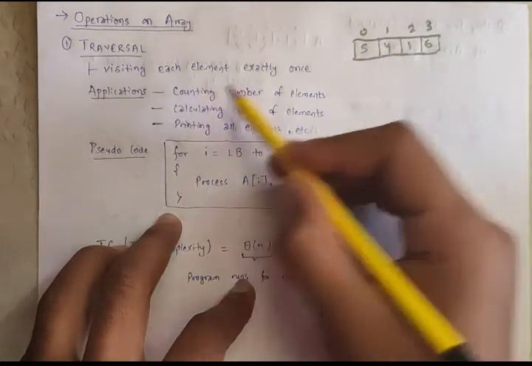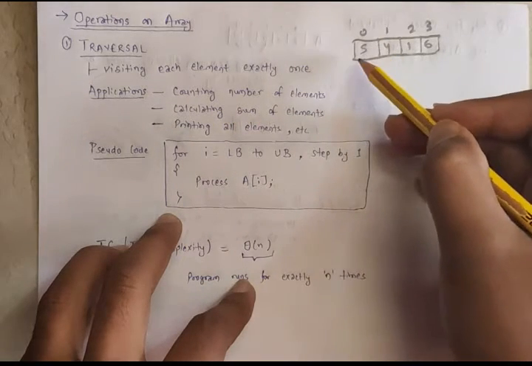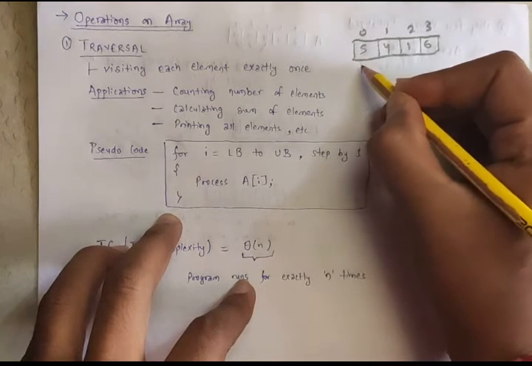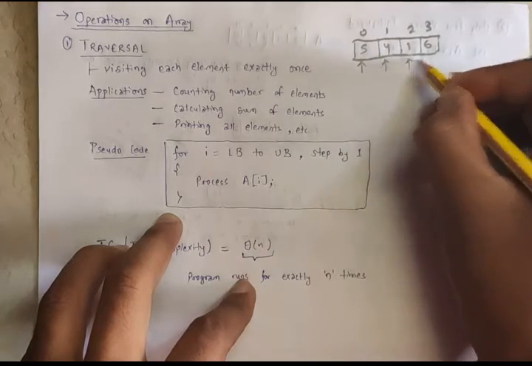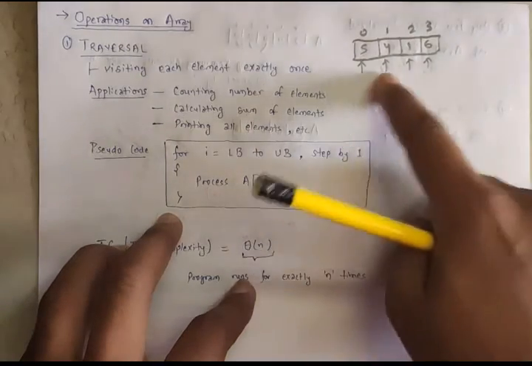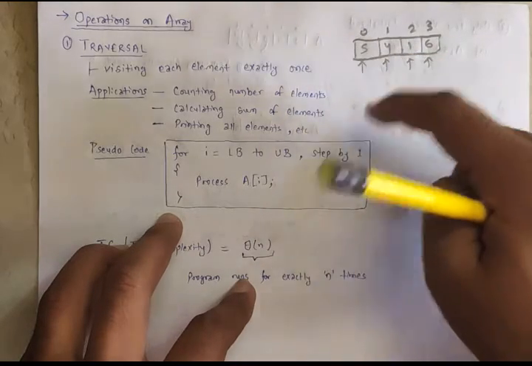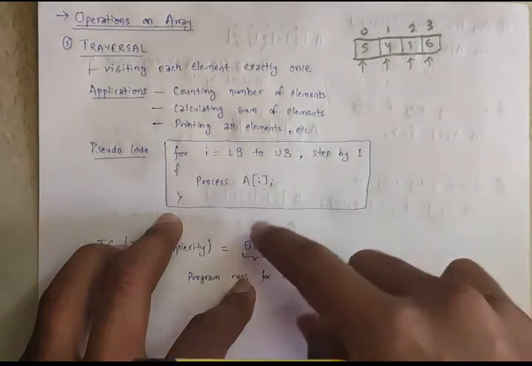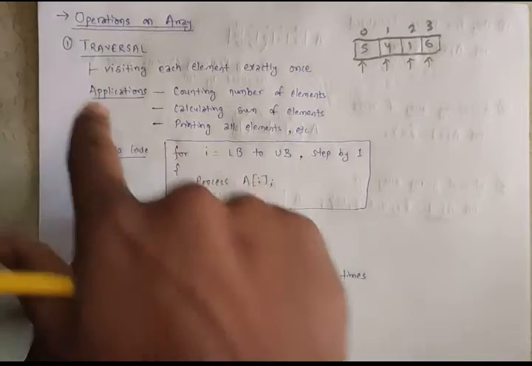For this array it would visit every element, means that it would visit this element, then this element, then this and this. While visiting the elements, it can do other things also. These can be considered as the applications of traversal.